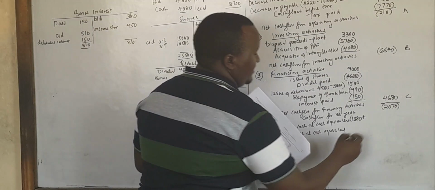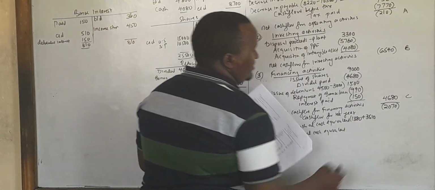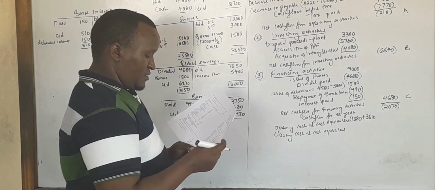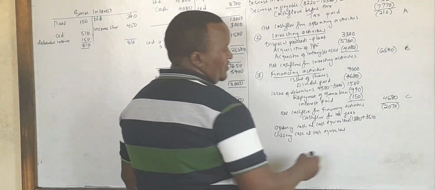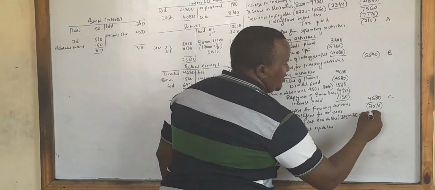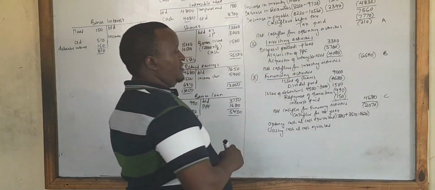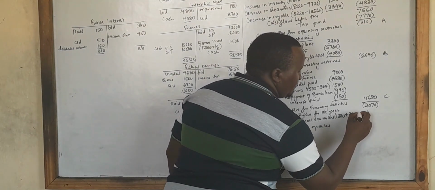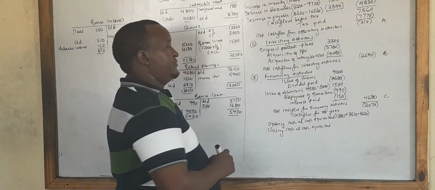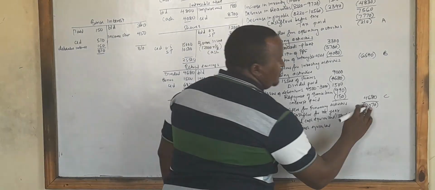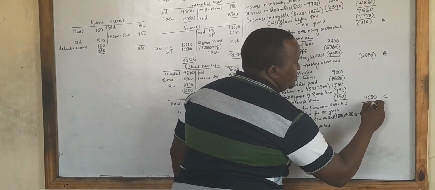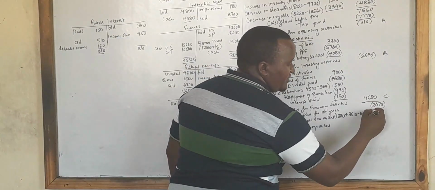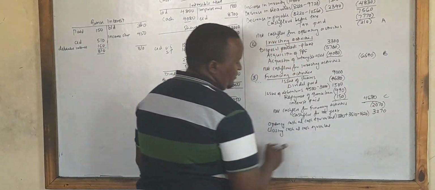That 510. And what else? Overdraft. Note number 2. Overdraft of 1620. You get what? 1380 plus that 510 minus 1620. You get that 270.